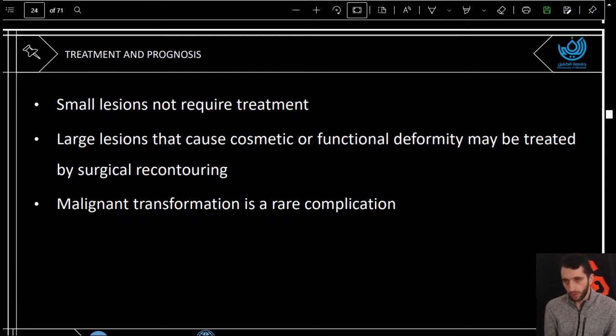This also applies when there is fibrous dysplasia affecting the cosmetic appearance or the function of the mouth.